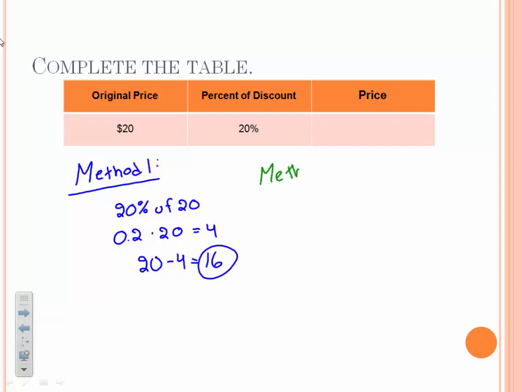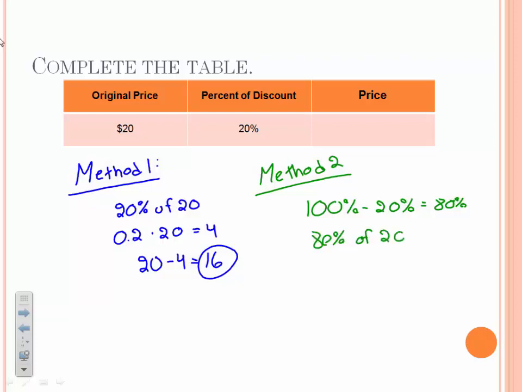Method 2, since our discount amount is 20%, we take 100% minus 20%, we get 80%. Okay, so 80% of 20, we do 0.8 times 20, and once you do 0.8 times 20, you automatically get 16. So that's our answer, method 1 and method 2.